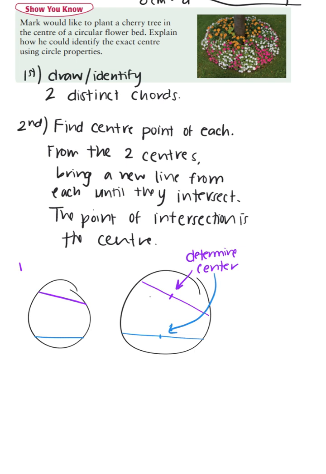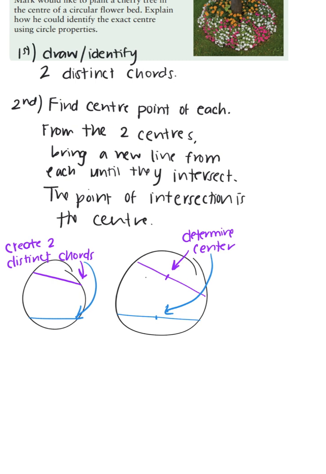First, we create two distinct chords. Then, using those two chords where the centers have been marked, we are going to draw new lines towards the center of those two circles.